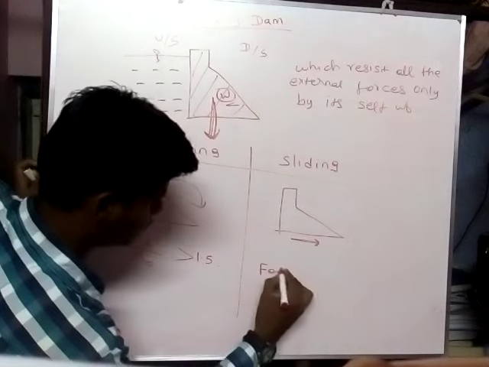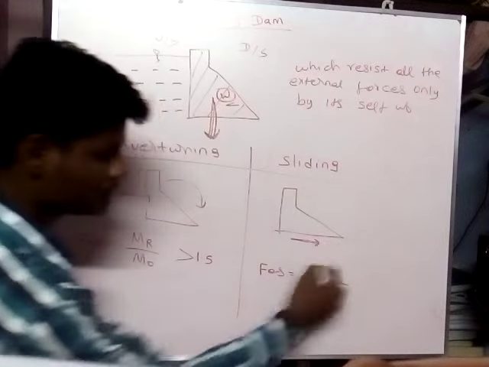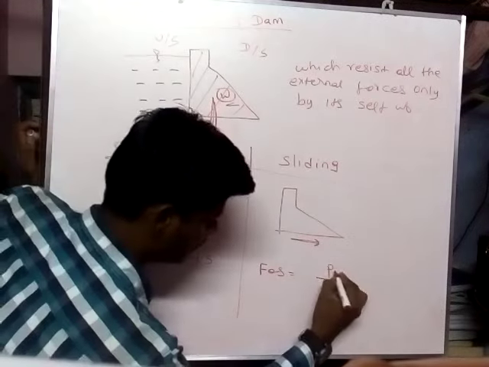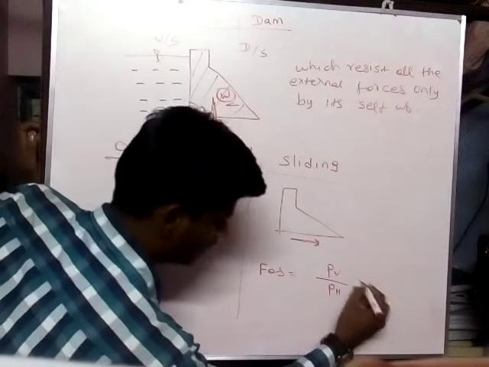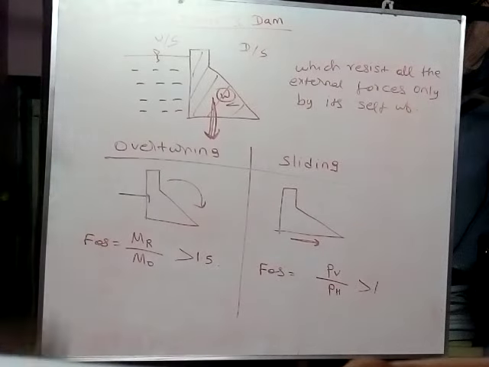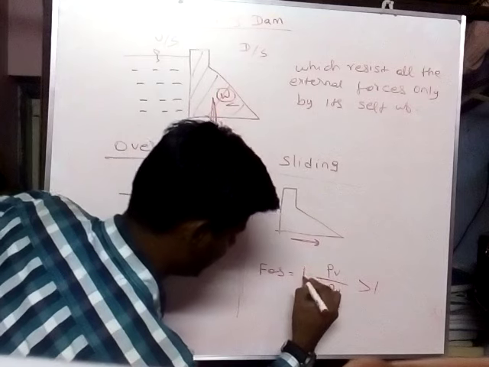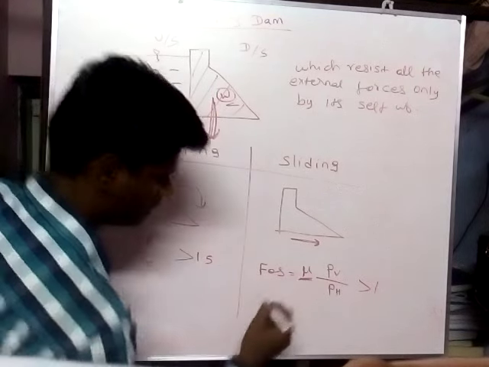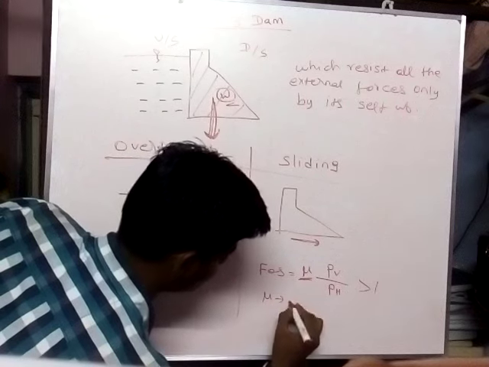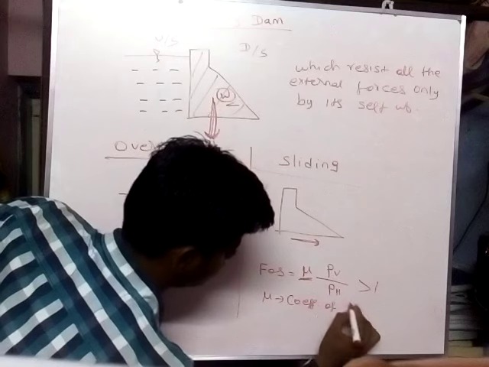Factor of safety against sliding: sliding is with respect to force, so PV to PH should be greater than 1. In sliding, we have to consider the coefficient of friction, mu, denoted as the coefficient of friction.